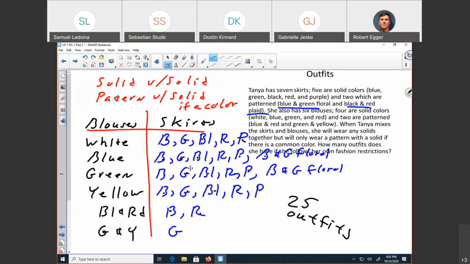Five, six, six. Oh, that's why. So 25 outfits she can make, or 25 ensembles of the skirts and blouses she has.